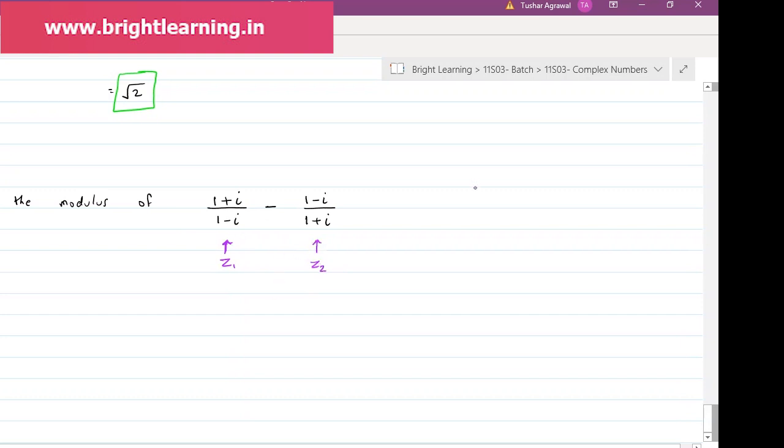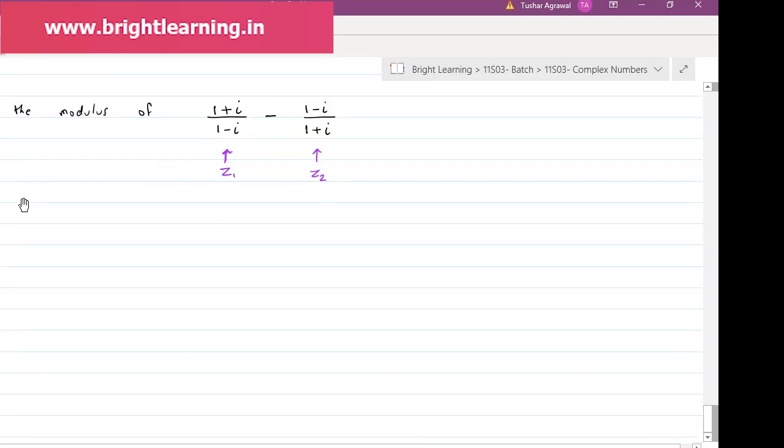So what can I observe? I have observed that modulus of Z1 is equal to 1 and modulus of Z2 is equal to 1, correct?